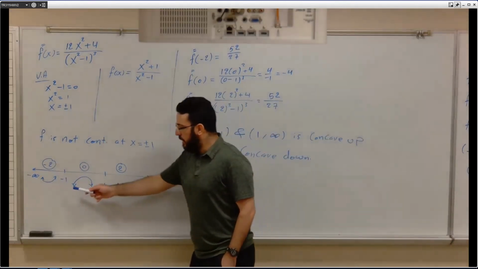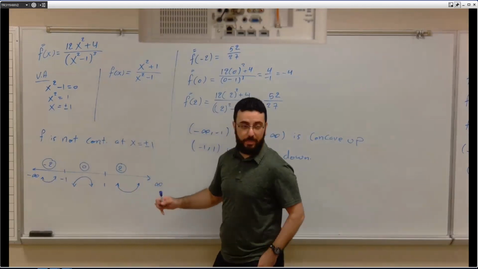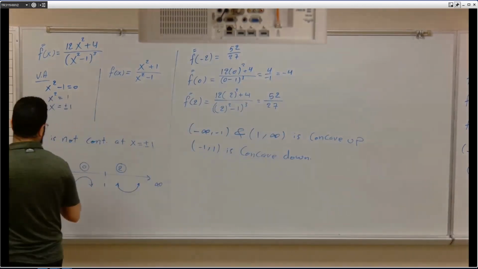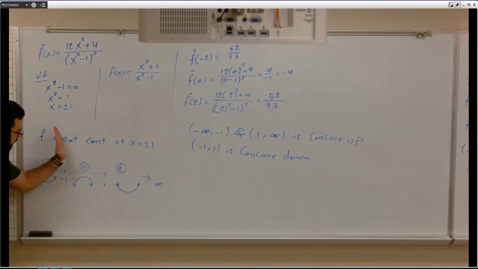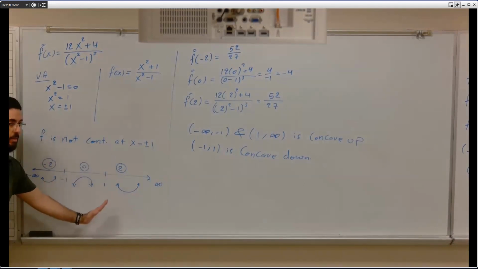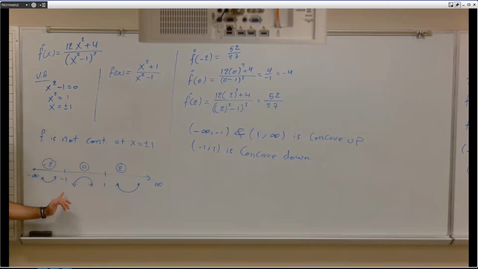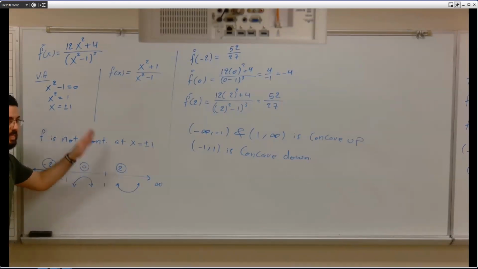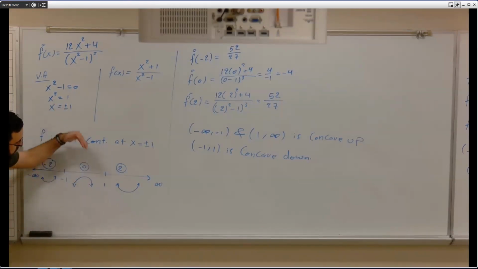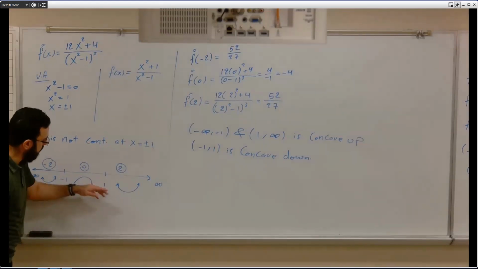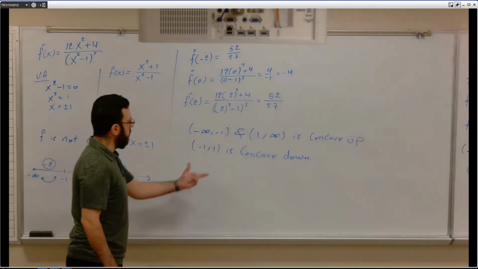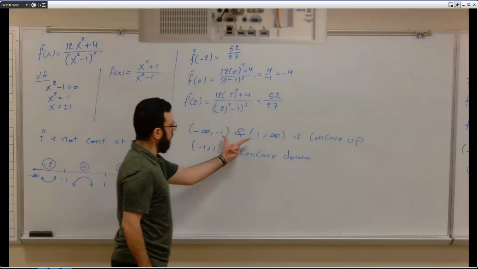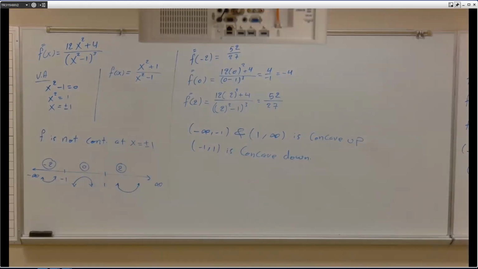Keep in mind the function is not continuous here and here, so it's going to be separate when you graph it. So this one is not gonna be considered an inflection point, because the function is not continuous at -1 and not continuous at 1. There's like an asymptote, but here it is gonna come up, and here down, and here it is going to come up. So in this case, we can find the inflection points, but the function is undefined at the asymptotes.